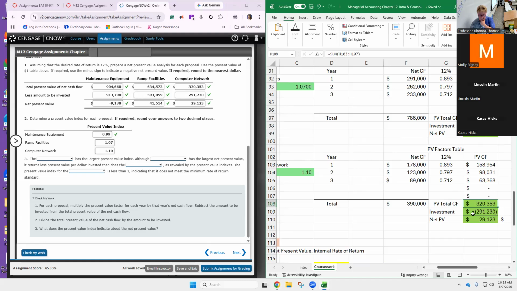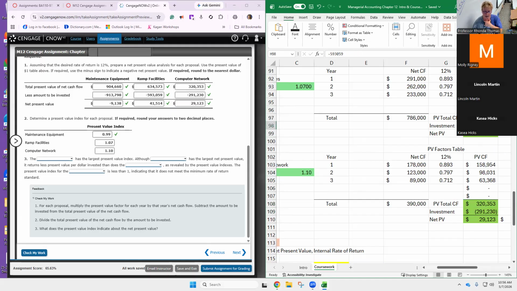So here's the thing. This project, the comparing, remember when you divide something, you're really comparing something. So if you compare the amount of the total cash flow with the investment, for every $1 of investment you put in, you're getting a benefit of $1.10.